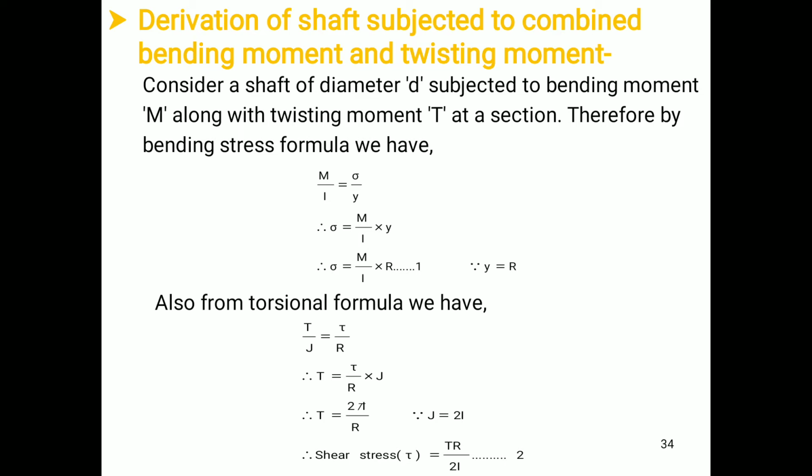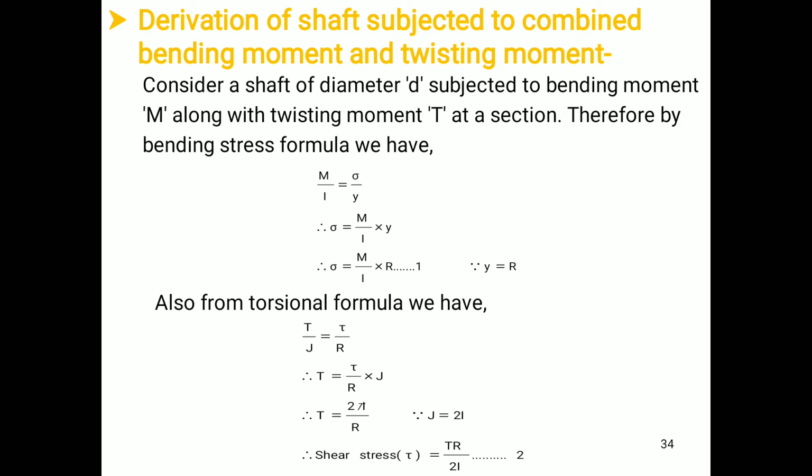T can be given by tau upon R into J, where J is the polar moment of inertia and it is equal to 2 into I. Therefore, put the value of J equal to 2I into this equation. We have T is equal to 2 into tau into I upon R.